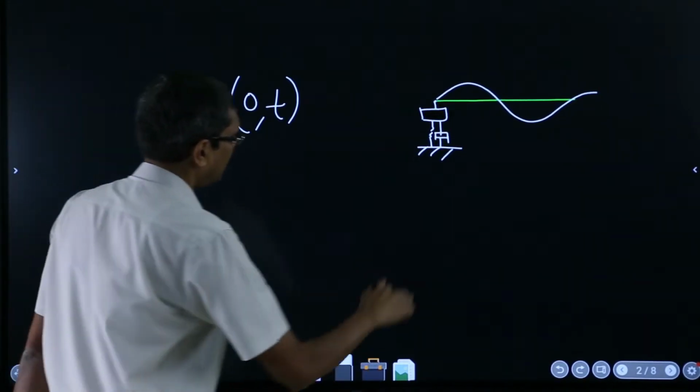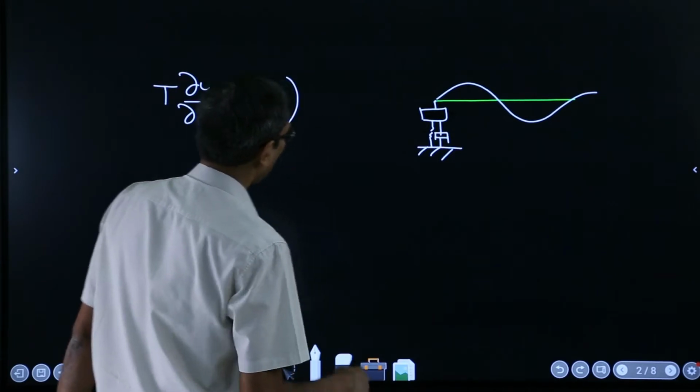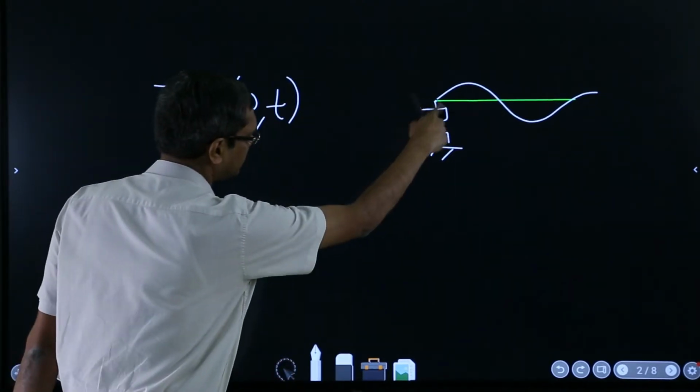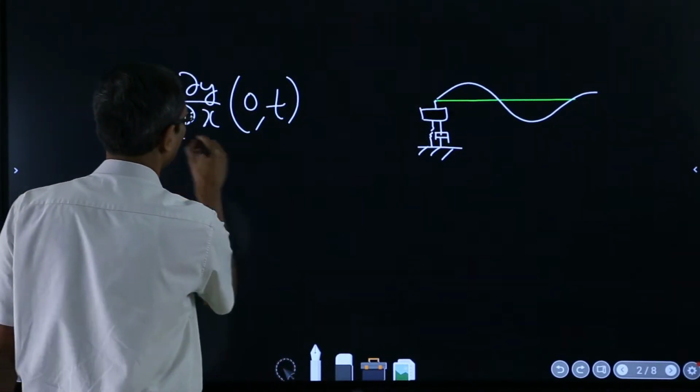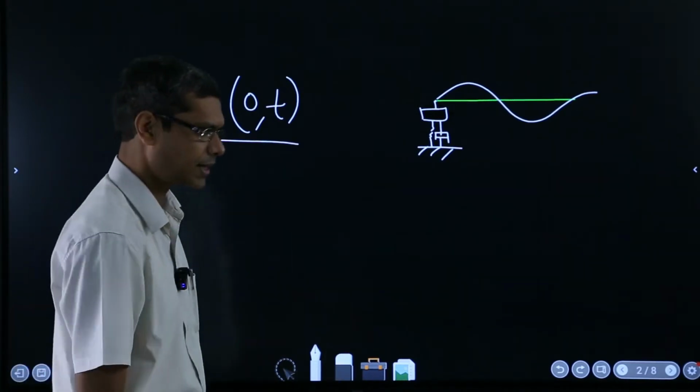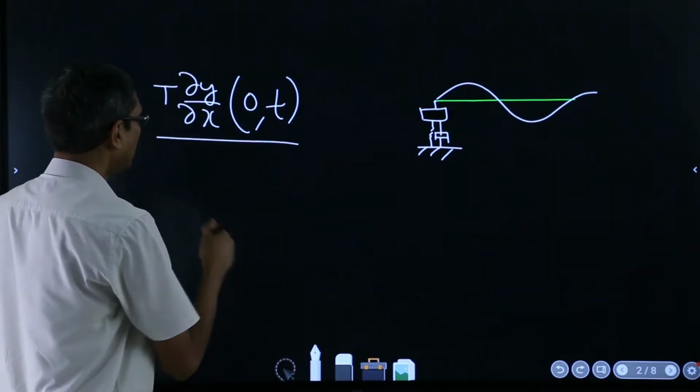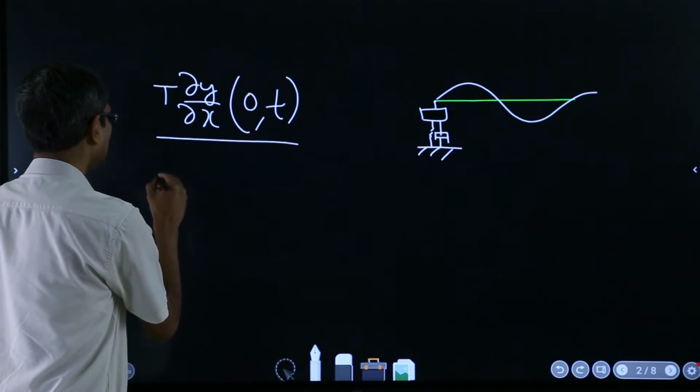So this is in a way the excitation which is coming onto that system, and what will be its reaction?